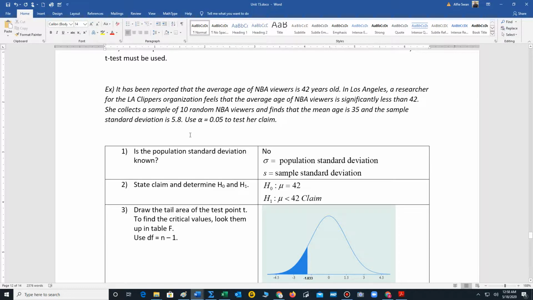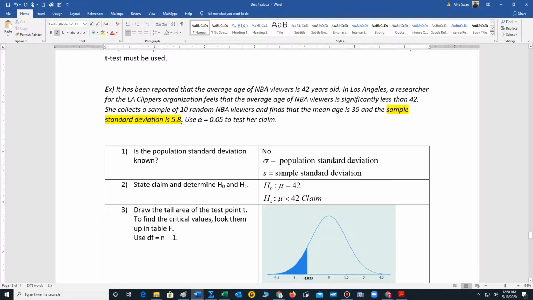She collects a sample of 10 NBA viewers and finds that the mean age is 35. And the sample standard deviation is 5.8. Use alpha equal to 0.05 to test her claim.